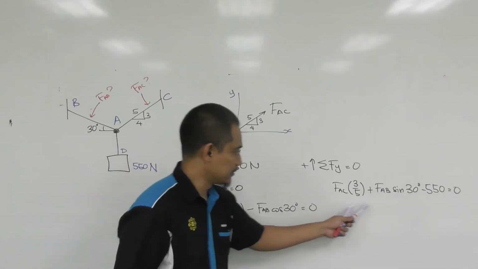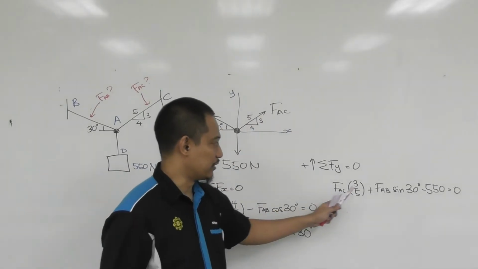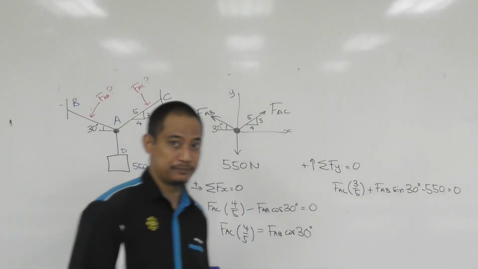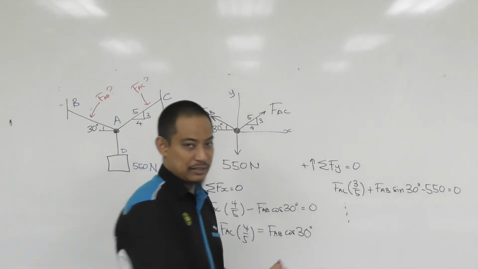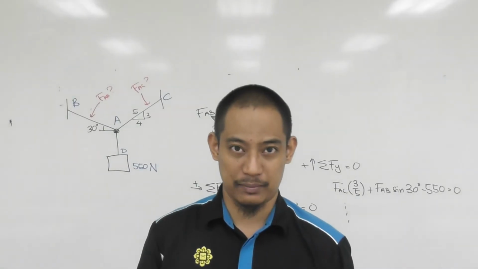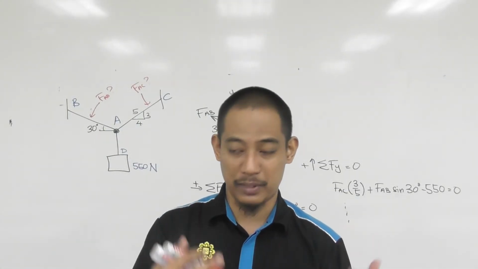All of this is summation of Fy equal to 0, right? So before you start calculating further, that statement should be there also. Do not skip steps, because each step will give you the marks.